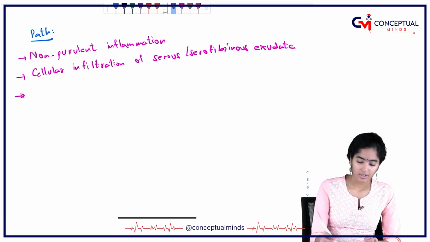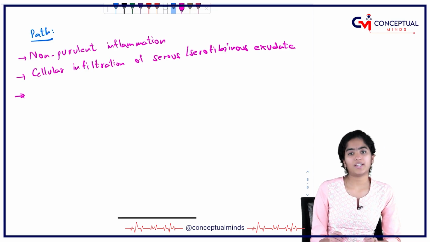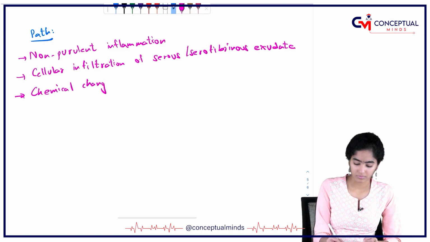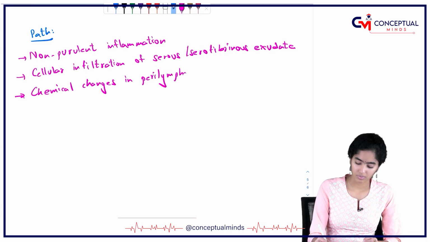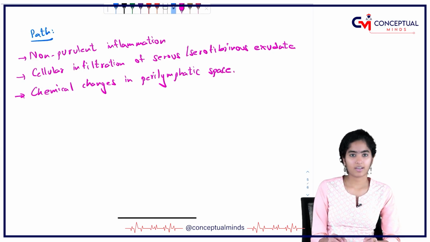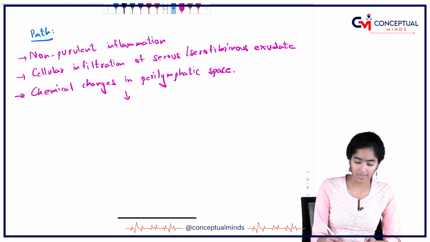So, first, chemical changes are occurring in the perilymphatic space, and these are later on impinging on membranous barriers.